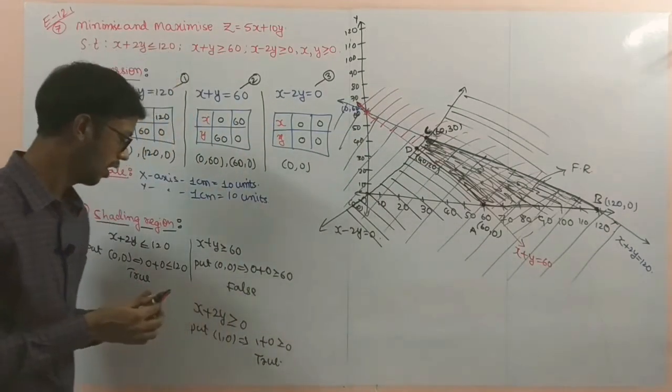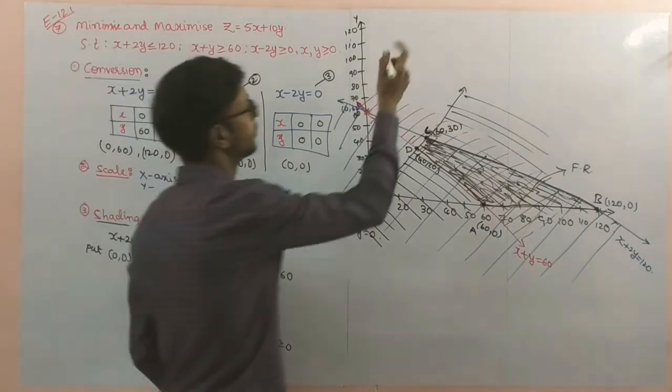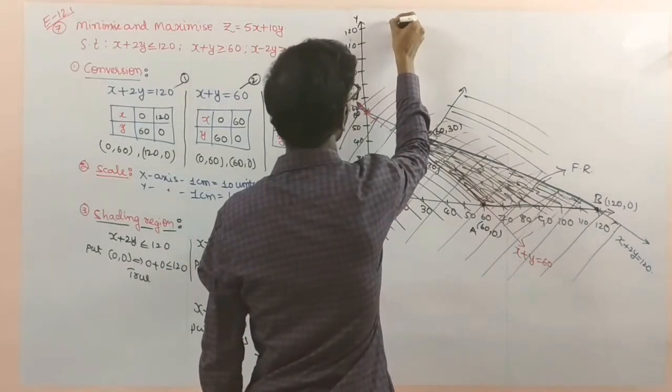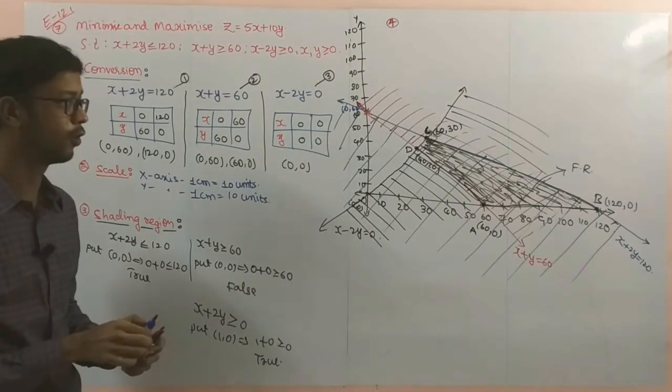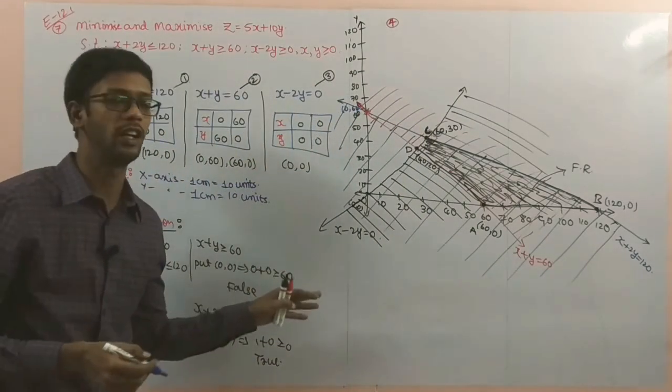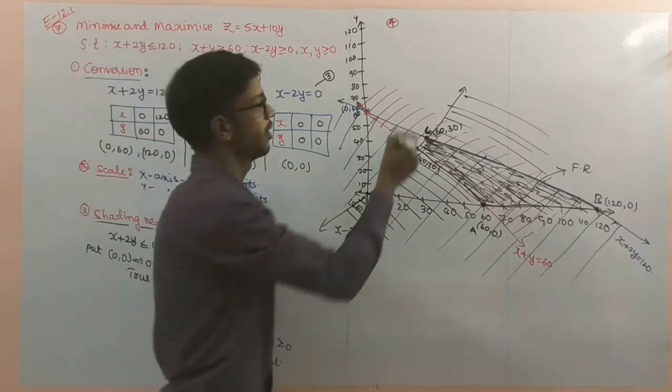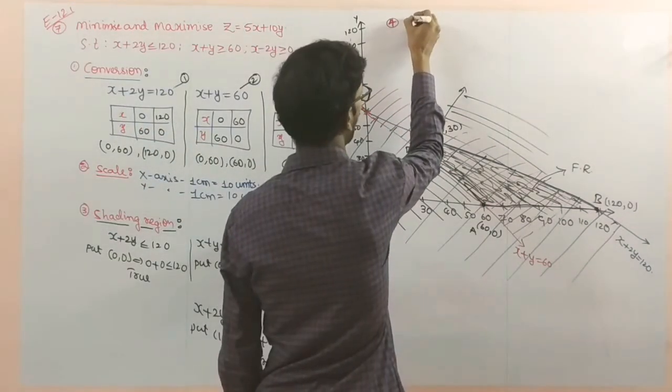So next, our fourth point. What is the fourth point here? The fourth point is the corner points of the feasible region.